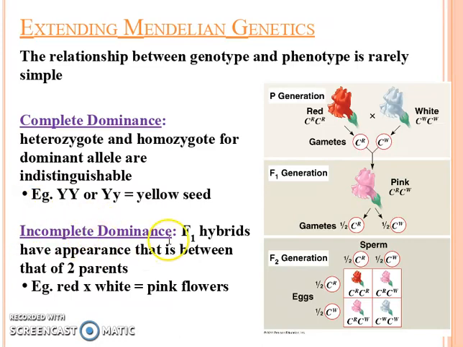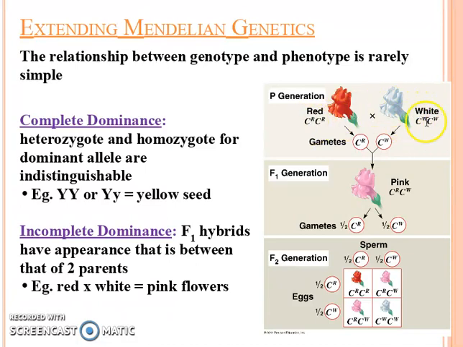They incompletely dominate over each other. So what happens is that the two colors are going to mix. In the case here, the hybrid, if I had a complete red plant, that's what this is over here. So I have C^R, C^R, and I have C^W, C^W. So RR is going to be red, while WW is going to be white.